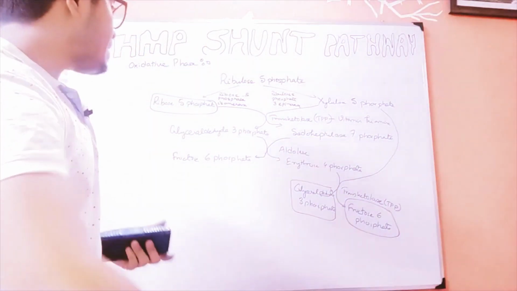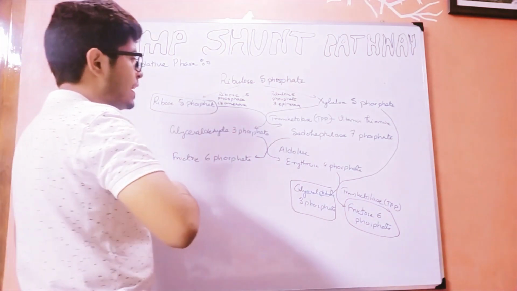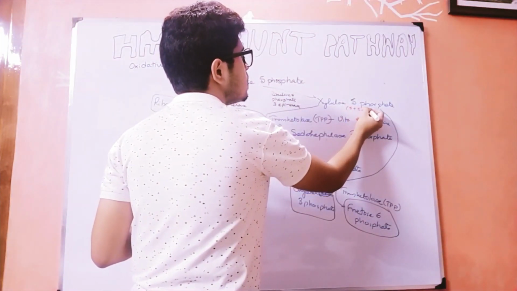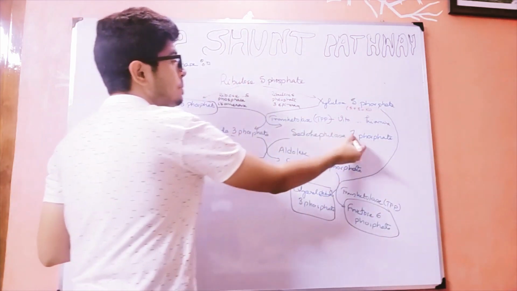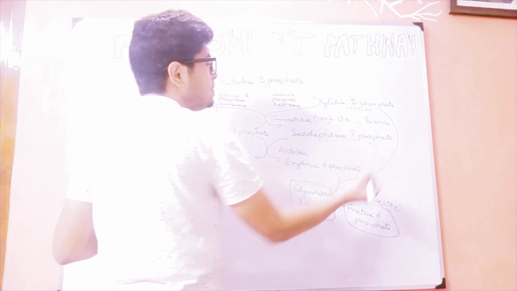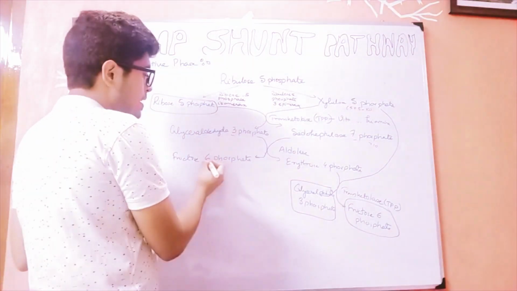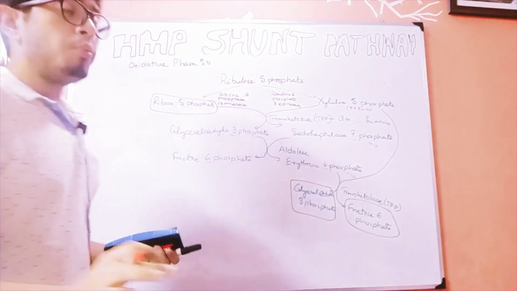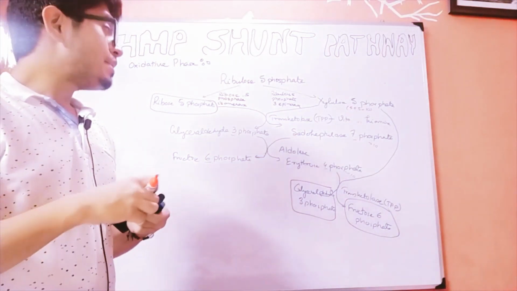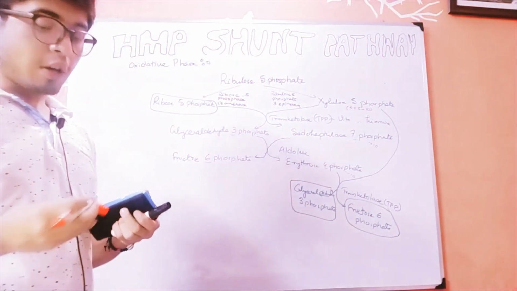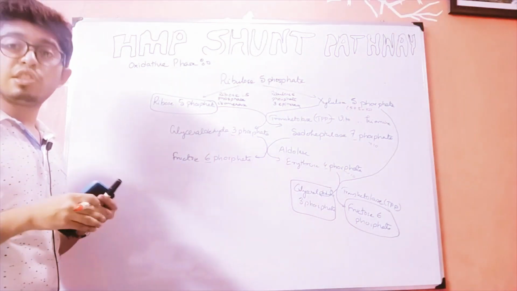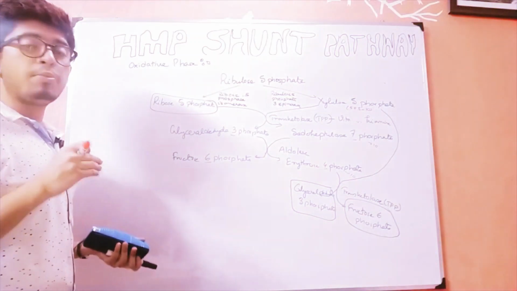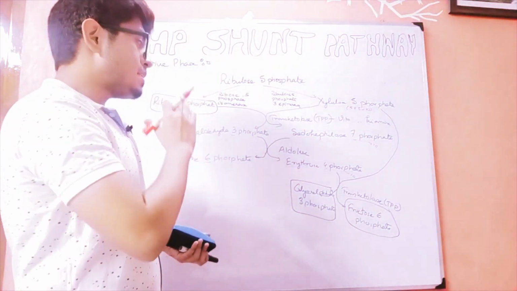So these 5 plus 5 in the previous step has given 10. Here 3 plus 7 also gives 10, and in the last step 6 plus 4 also is giving 10. So we can say that there is no loss of carbon molecule. It is just a transfer process, and there is no loss of carbon molecule in this process.